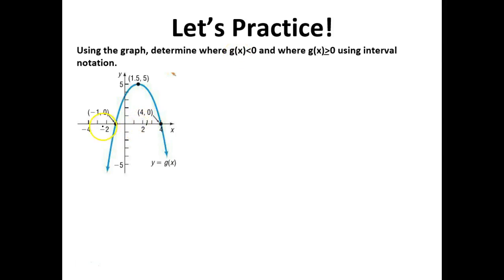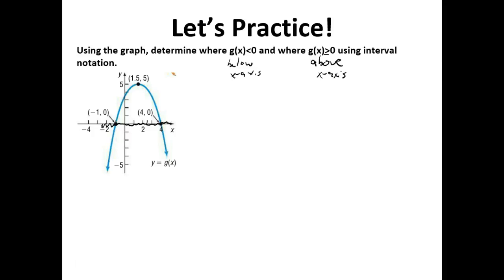Well, the outputs are all going to be less than 0 wherever it's below the x-axis, because wherever it's below the x-axis, that's where the y values or the outputs are below 0. And it's greater than or equal to 0 wherever it is above the x-axis, because that is where all the y values or the outputs are greater than or equal to 0.